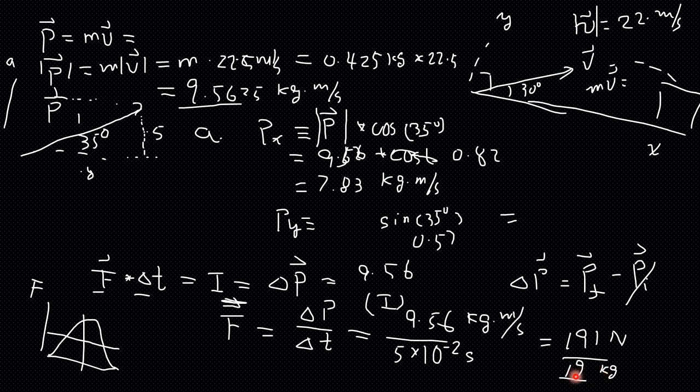So basically, the player's foot will feel something like on average 40 pounds of kicking. So that's 191 newtons, about 40 pounds of force. All right. This actually ends this section or this chapter.